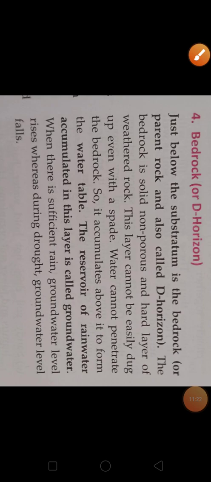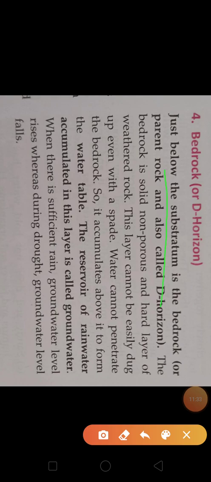Next, number 4, the fourth layer of the soil, that is bedrock, rock particles, tight rock there. Okay, just below the C horizon or substratum is the bedrock or parent rock, also called the D horizon.